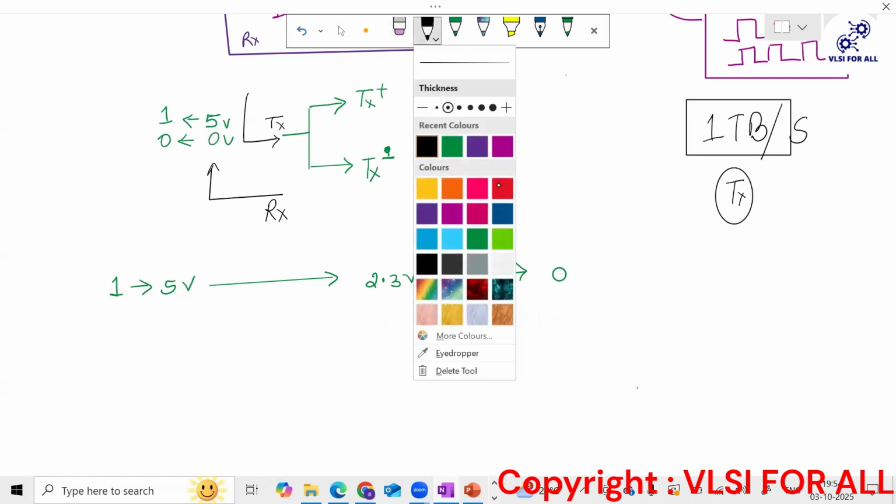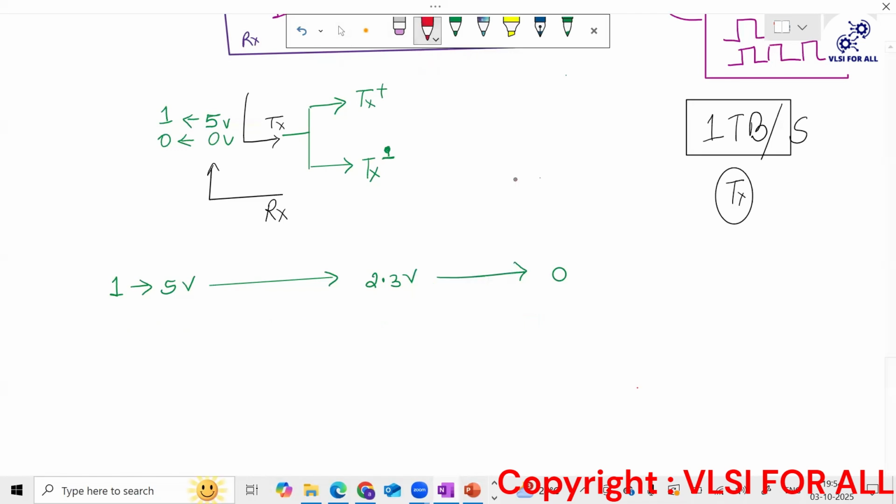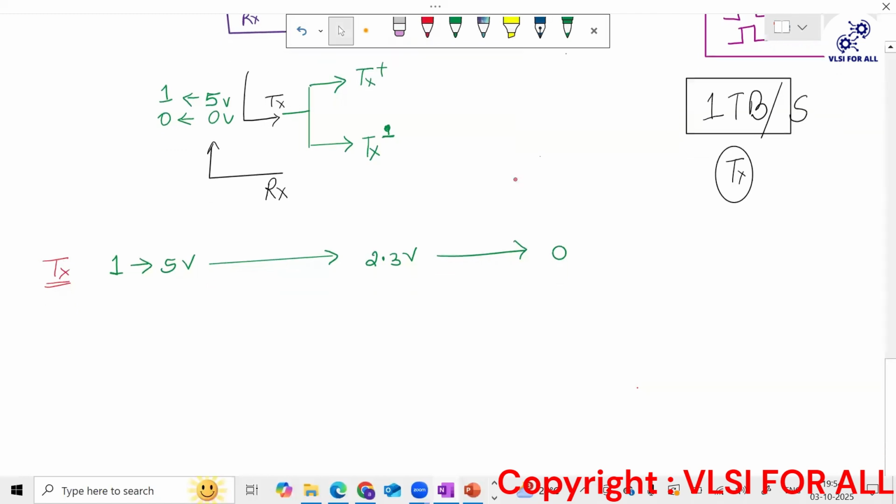Now try to understand what I'm saying. This is only with the TX. Let's say I am transferring this same data with TX plus and TX minus. Now you tell me, if 5 is becoming 2.3, the reason is something like power fluctuation, or something like minus 2.7 occurring on this wire.